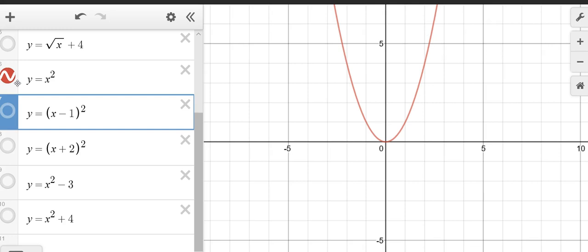And that bigger number moved it to the right. Now, I know your common sense is seeing a minus sign and you're thinking, oh my goodness, that's got to go left. Inside the parentheses before the square, inside the absolute value bars, inside the radical, every time you have a movement that's inside, it looks backwards from your common sense. Even though you see the minus, it's moving the opposite direction.